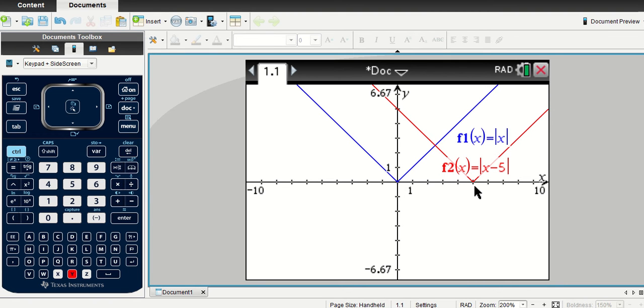So that's why the positive 5 is what I would plug in to get this graph. So that's why we're shifting 5 units to the right, because I have to plug a positive 5 in to make that happen. So if this was x plus 5, I'd have to make it minus 5 to the left in order to make them even. Kind of a weird explanation for it, very general one, but that's essentially what's happening here.